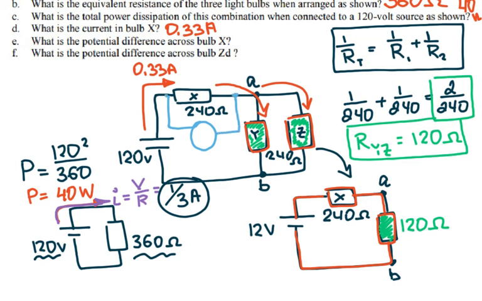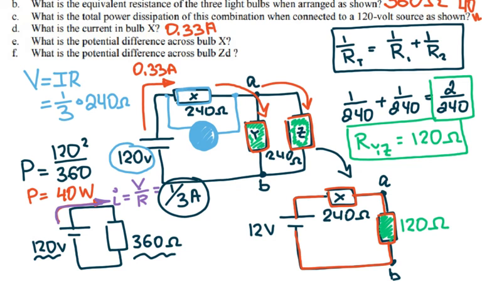So you would plug in a voltmeter, and you would want to know how much voltage out of 120 would drop in this light bulb. So to calculate the voltage, I have I times R, and my I is 1/3 or 0.33, and R is 240 ohms. So in this resistor, I have 240 ohms, and that gives me 80 volts.